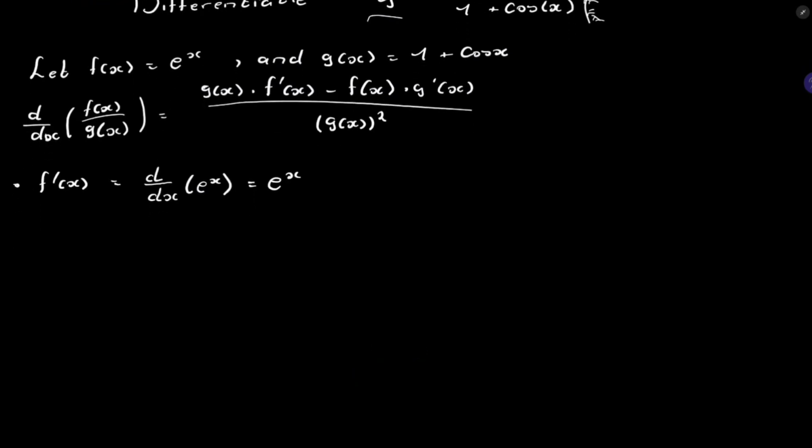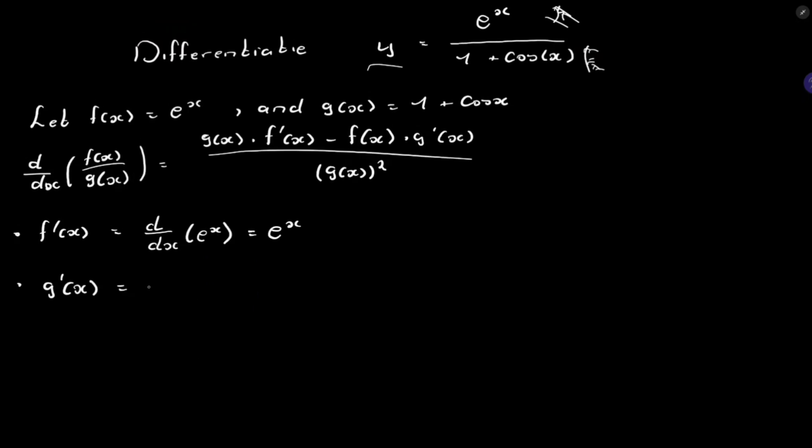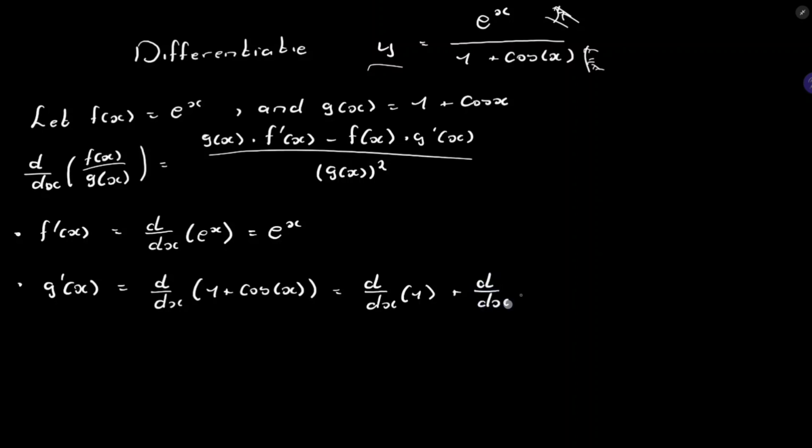So let's move on to our denominator. The derivative with respect to x of our denominator g of x, which is the same as the derivative with respect to x of the function 1 plus cos x, is the same thing as the derivative of 1 plus the derivative of cos x. The derivative of 1 leaves us 0. Why?